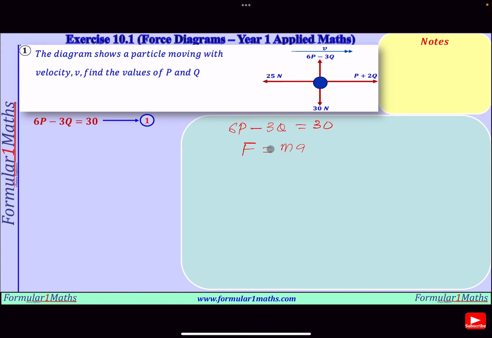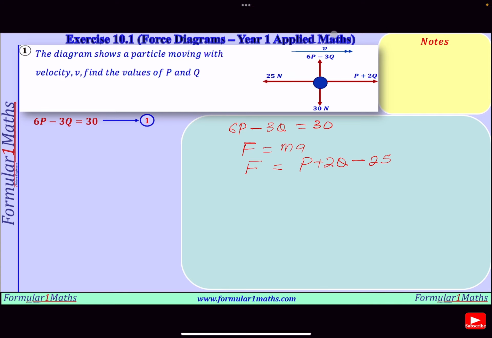In this case, the resultant force, which is moving this particle to the right, will be F equals P plus 2Q minus the opposing force, which is 25.